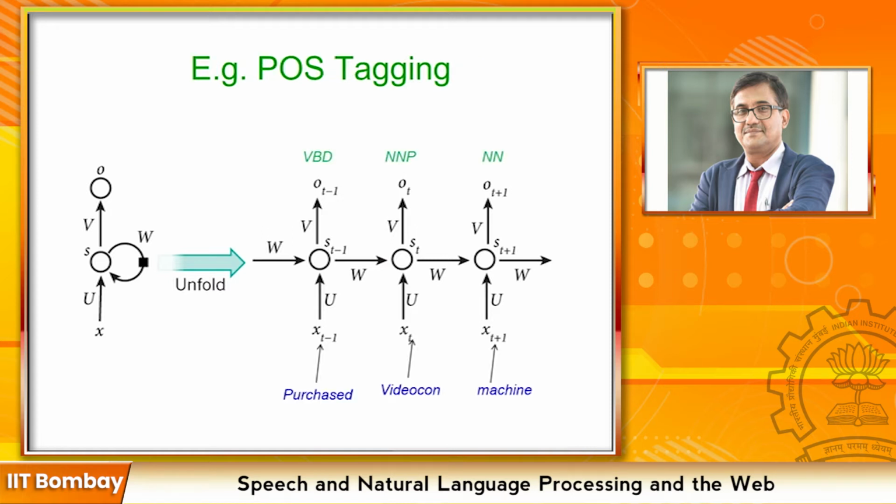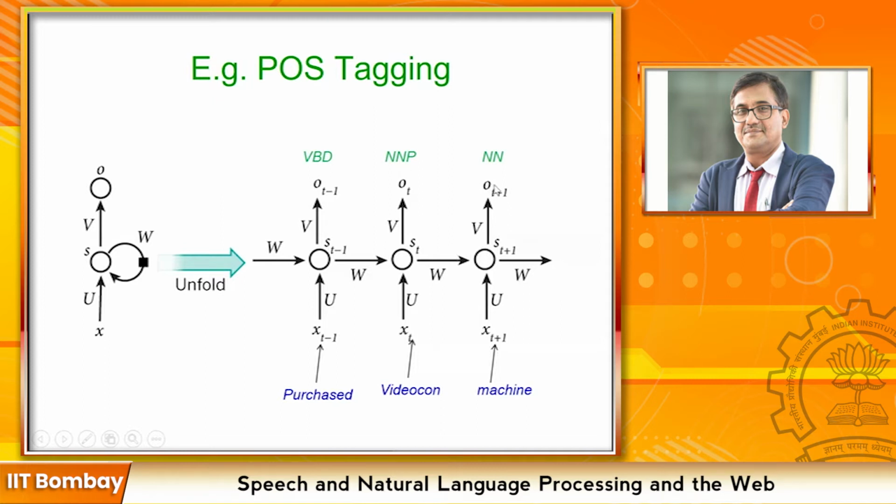So an example of this would be part of speech tagging, where the machine sees purchased and produces VBD, past tense verb. Sees Videocon, produces NNP, proper noun. Sees machine, produces NN, normal noun.